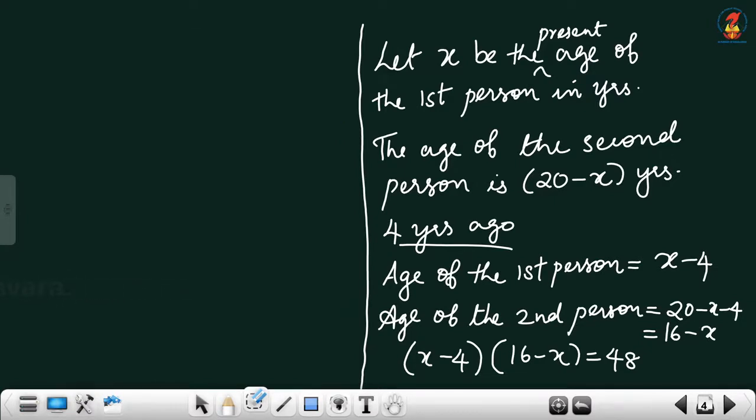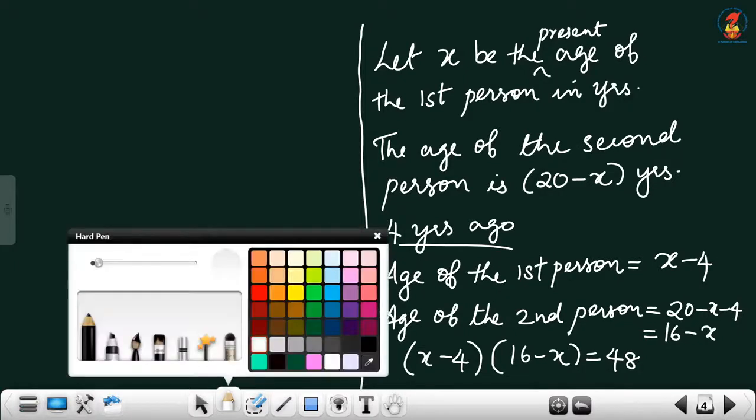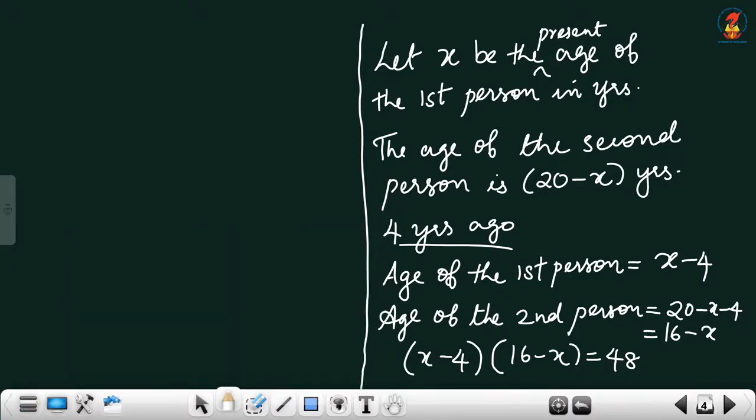So, make it as a quadratic equation. So, 16x minus x square minus 64 plus 4x is equal to 48.